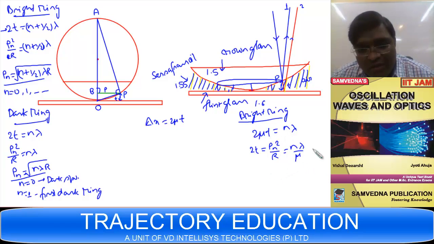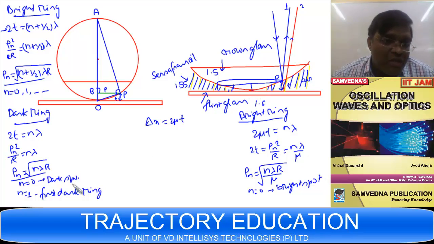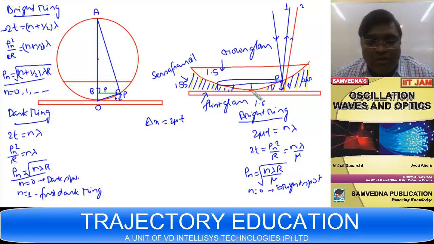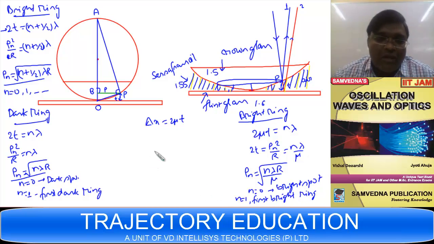So the radius of the bright ring will be square root of n lambda r upon mu. N equal to 0 will give you the bright spot. Earlier you had a dark spot, now it is a bright spot. The spot at the center will be bright, and n equal to 1 will give you the first bright ring.